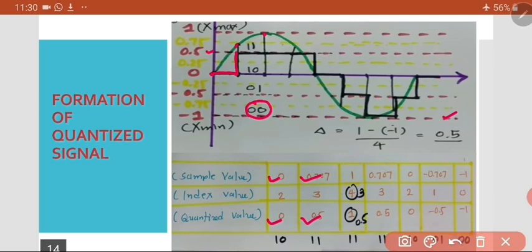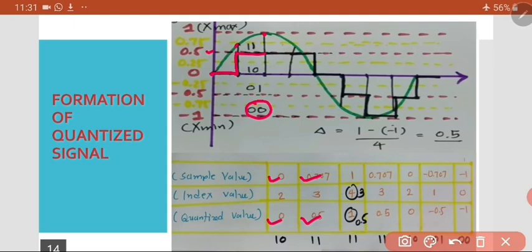So we cannot proceed for that magnitude 1. So what we do is take the next index value, that is in place of 4 we take 3. And for the index value 3 we get the quantized value of 0.5. Okay, understand? So for the next value of 1 we have to extend it further.